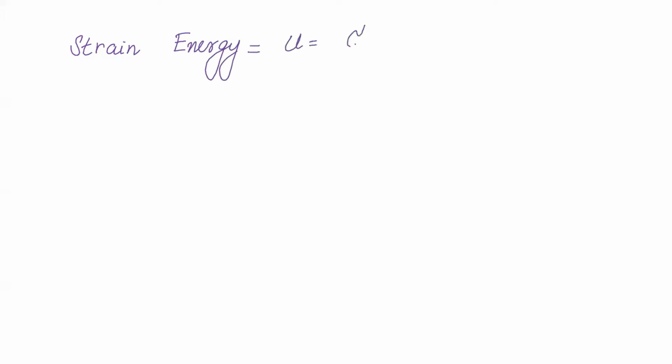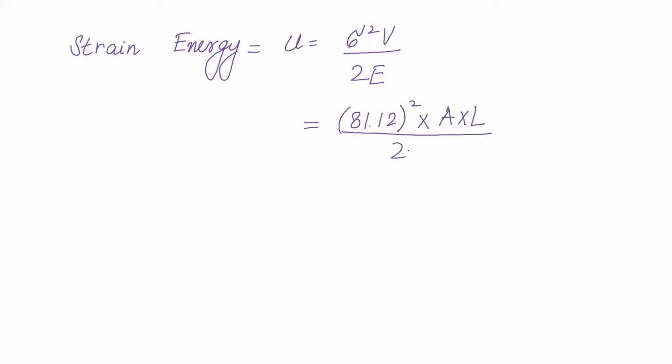U is equal to sigma square V upon 2E. You will put the value of stress, whatever value you got in the solution, and then you have to put the area into length. Volume is area into length, over 2E.